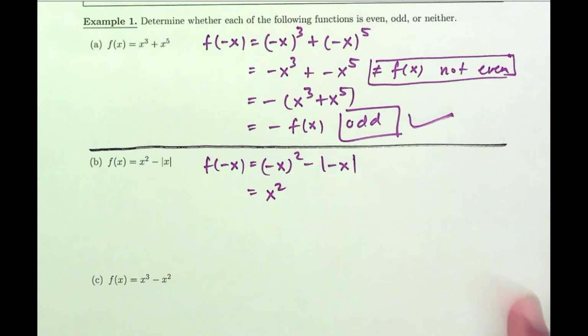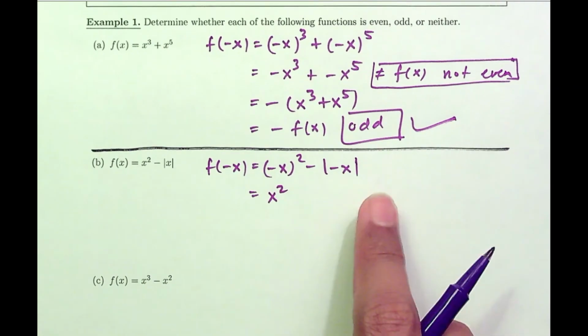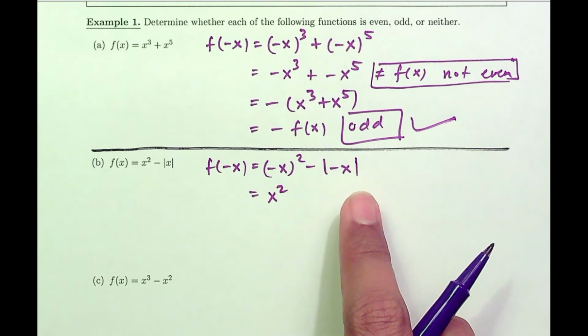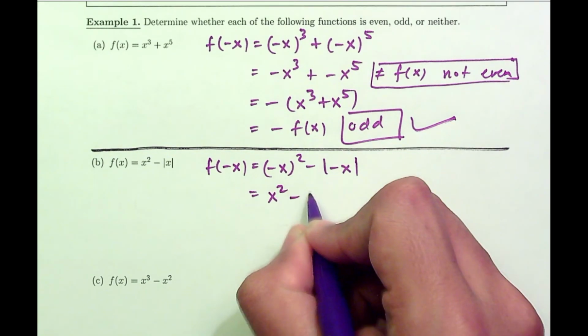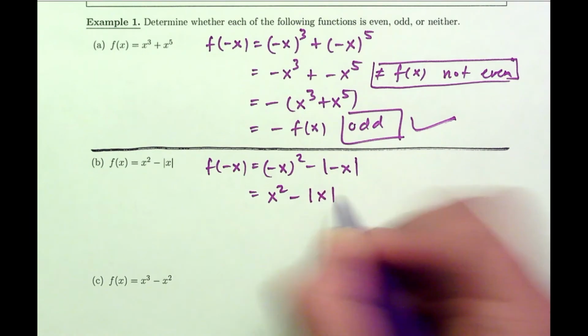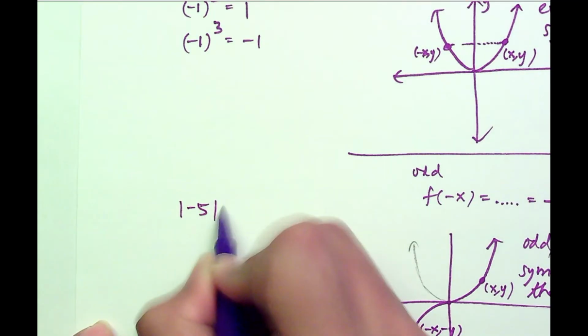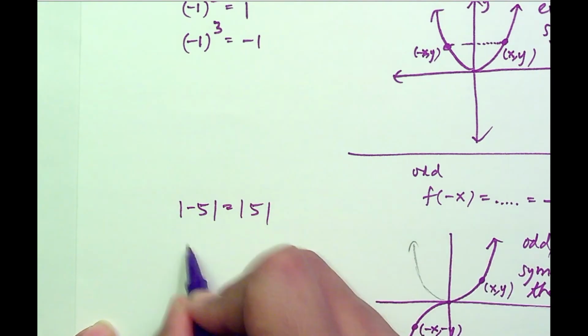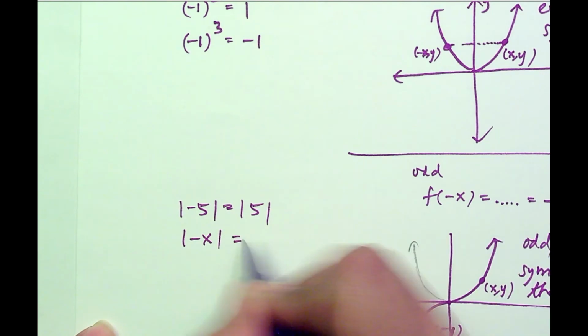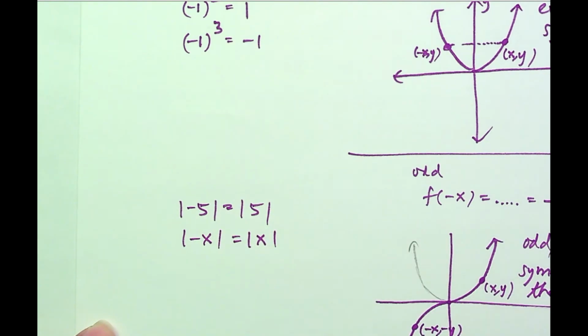And then the absolute value of a negative number is the same thing as taking the absolute value of the positive number. So this is going to be the same as the absolute value of x. What I'm saying here is that the absolute value of negative x is the same thing as the absolute value of x. There's no difference whatsoever.